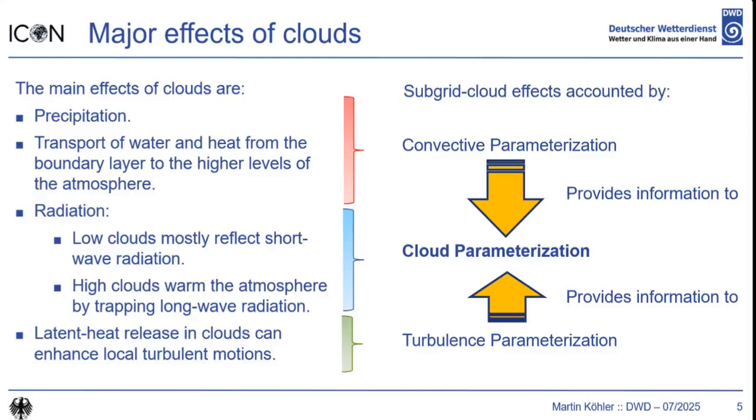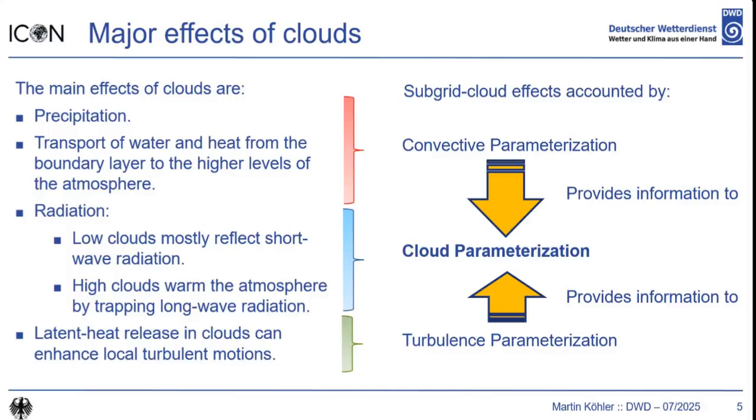Our cloud parameterization gets informed, as you can see on the right-hand side, from the convective parameterization and from the turbulence parameterization, which you heard about before lunch. These are the two types of clouds.